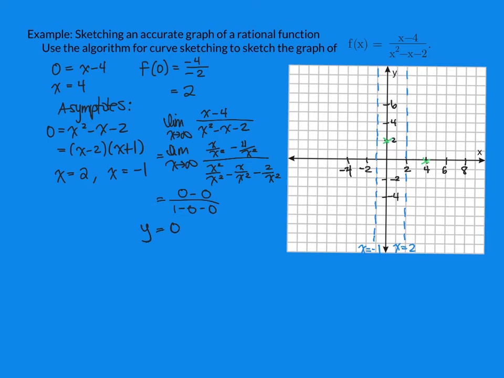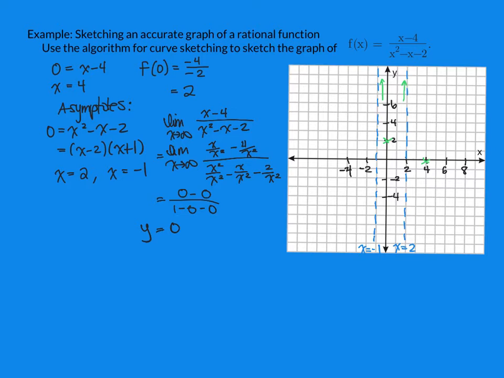You can pick a number like 1.99 and substitute it in there, and it's going to be positive. And the same thing approaching -1 from the right side. We could pick like -0.99, and that too will be positive. So we can start to make some conclusions about what the behaviors are going to look like approaching those asymptotes.